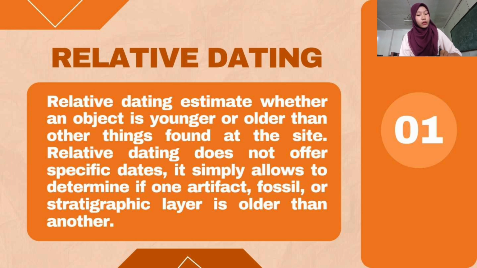It simply allows us to determine if one artifact, fossil, or stratigraphic layer is older than the other. It doesn't offer specific dates or years, it only determines if this stratigraphic layer or this rock is older than the other.